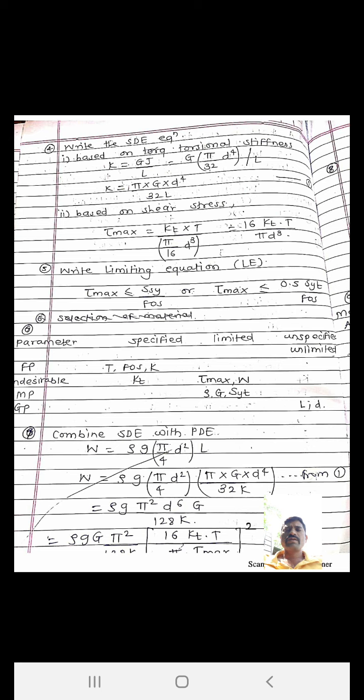Once you have written the primary equation, secondary equation and limiting equation, you can easily decide the parameters. This is the first parameter P. Yesterday we saw that in the lecture. Okay, T, factor of safety and K.